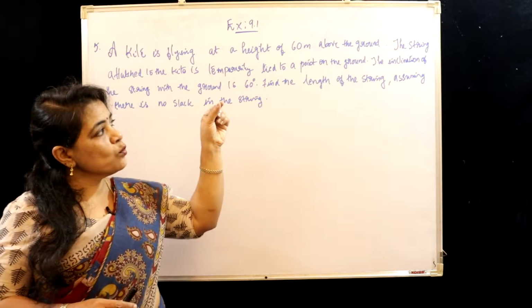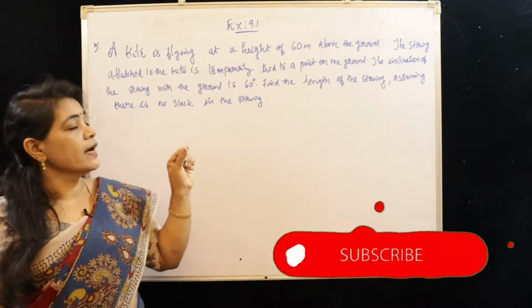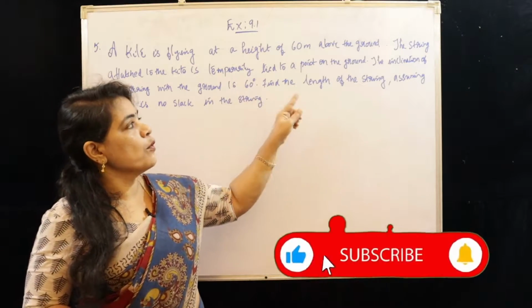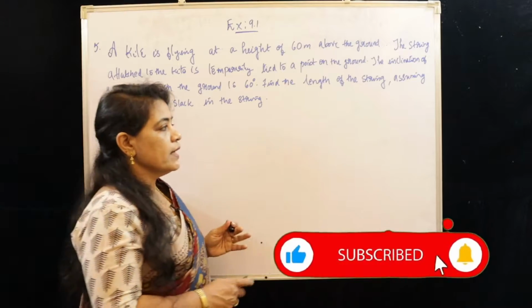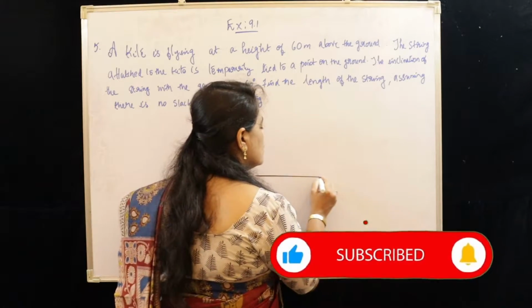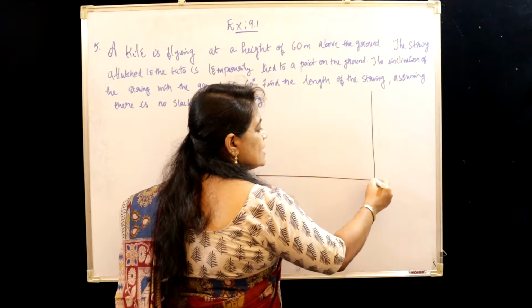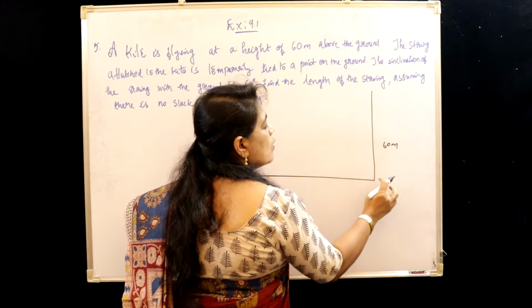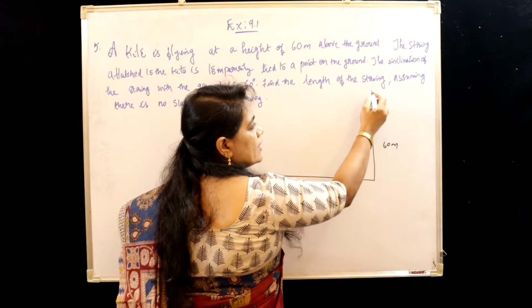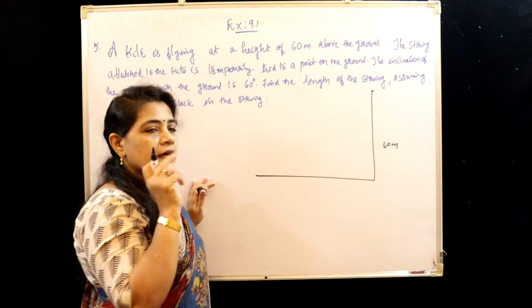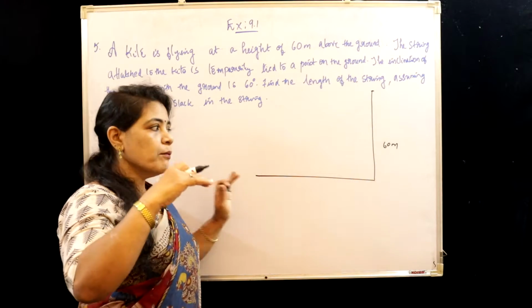And the string attached to the kite is tied to a point on the ground. So, see, this is the ground. Here is the 60 meters above the ground, and at this point the kite is now. That is 60 meters above this ground.